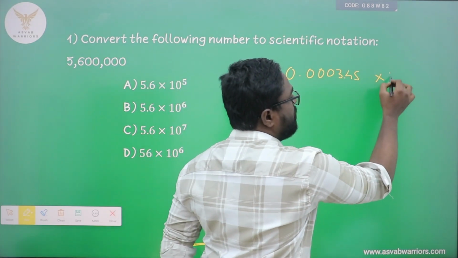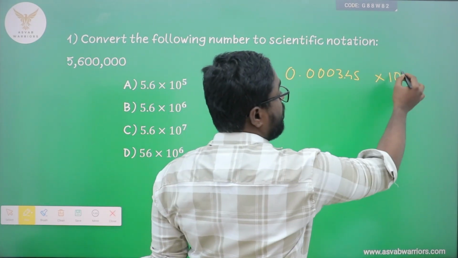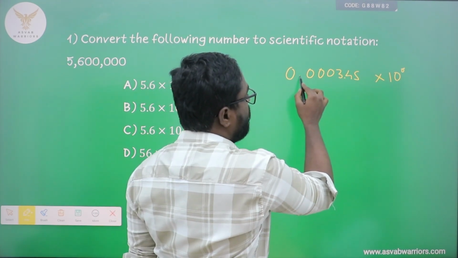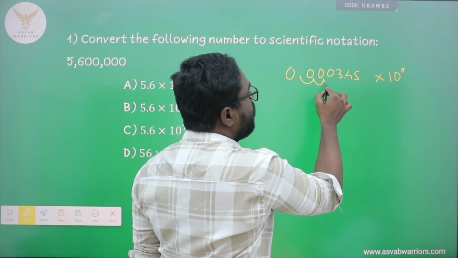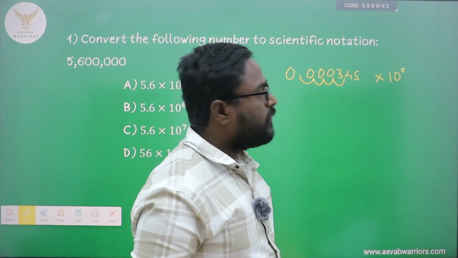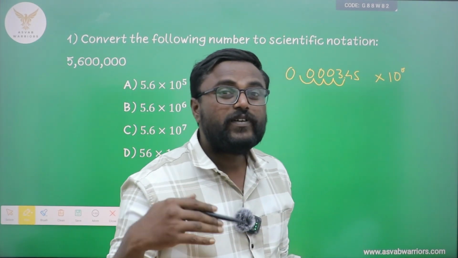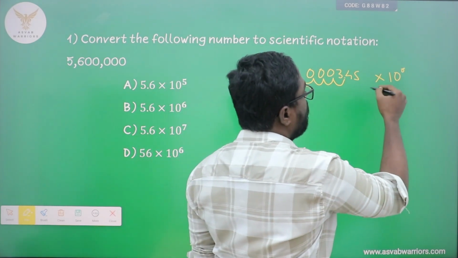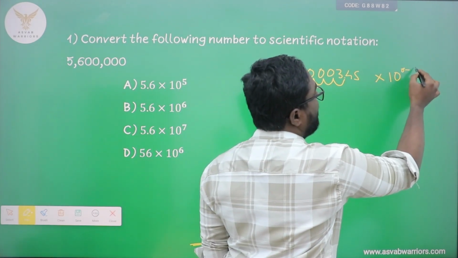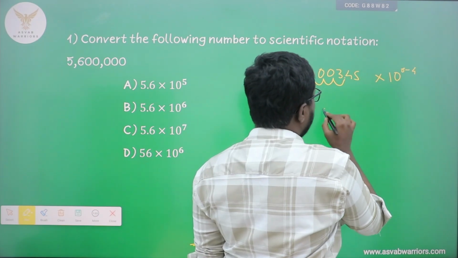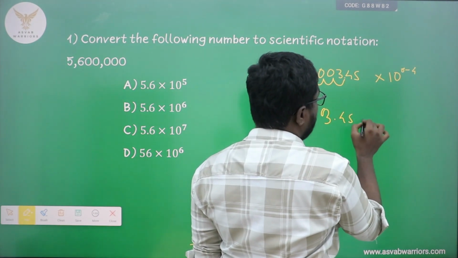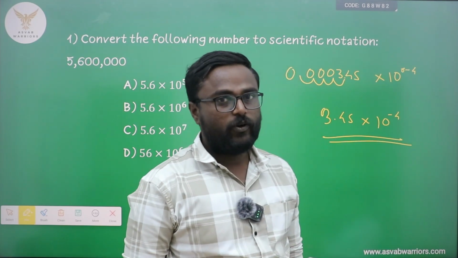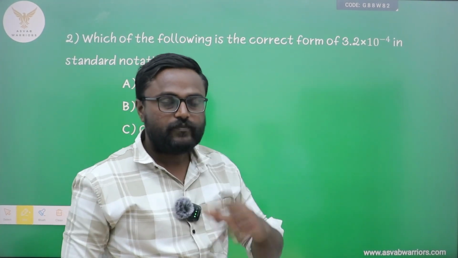First step, I'll multiply this with 10 to the power 0, which is nothing but 1. Now I'll start counting, moving towards the right. 1, 2, 3, 4. If I am moving towards the right, right reduce, left increase. So I'll reduce it. So what do I have? 3.45 times 10 to the power minus 4. I hope you understood this.